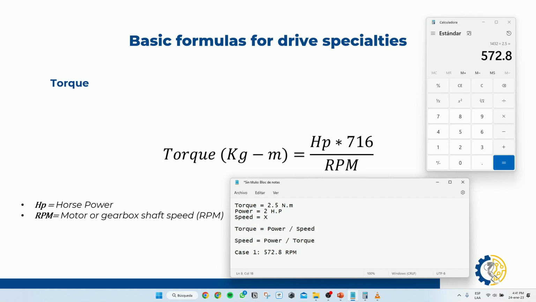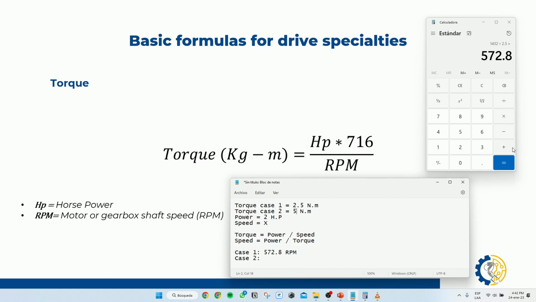Case number 2. Let's suppose that now I'm going to add this. I add torque, case 1, so torque, case 2. Now let's suppose that I'm now going to change my torque by 5 Newton meters.